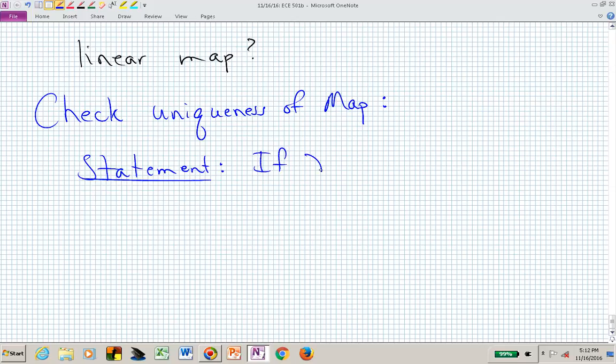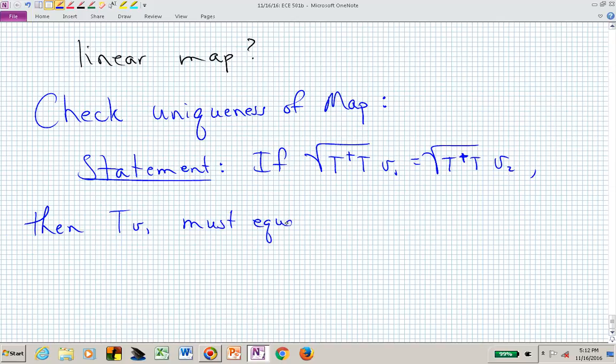If we have two vectors v1 and v2, and they're related by the positive square root of t dagger t v1 being the same as the positive square root of t dagger t applied to v sub 2, then if we are going to have uniqueness of our map, we need tv1 to equal tv sub 2.